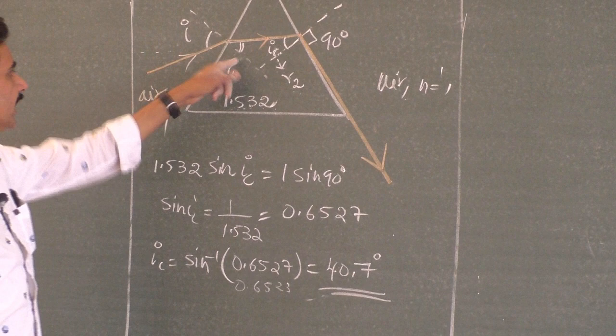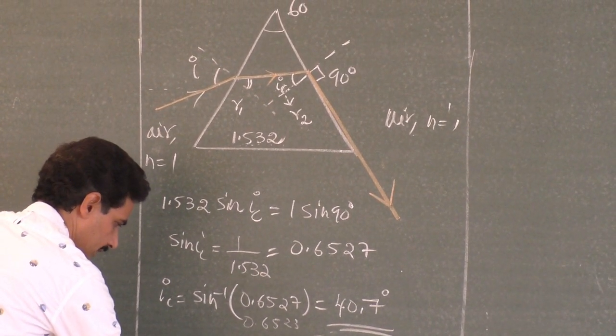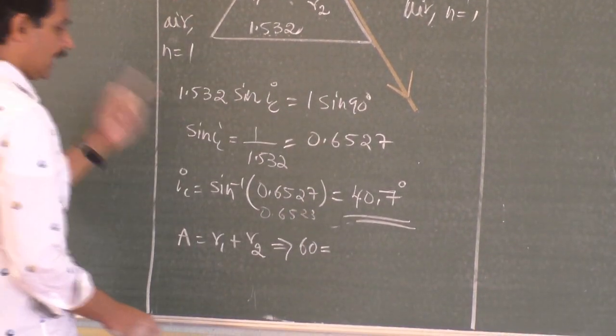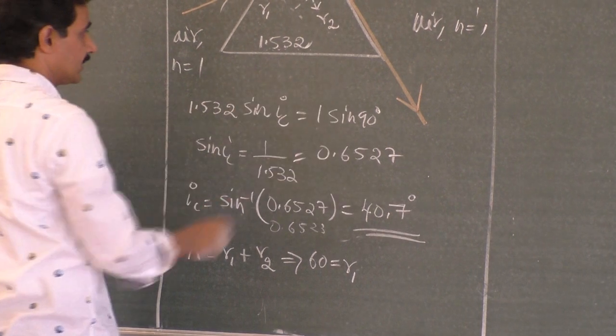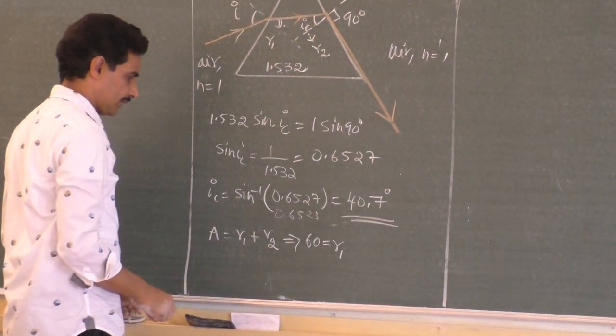Once we have got IC, you know that the sum of these angles is the angle of the prism. Now you will get R1. A is equal to R1 plus R2, so 60 equals R1 plus R2. R1 is the first angle of refraction. The second angle of refraction is nothing but the critical angle, because the ray is undergoing grazing refraction.